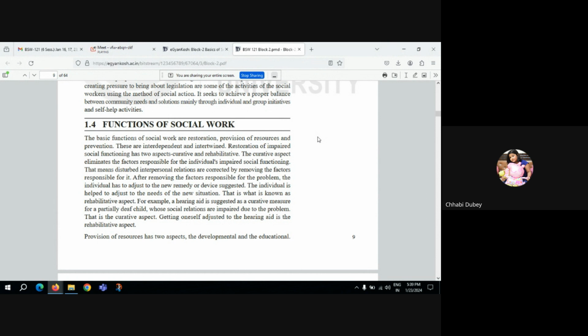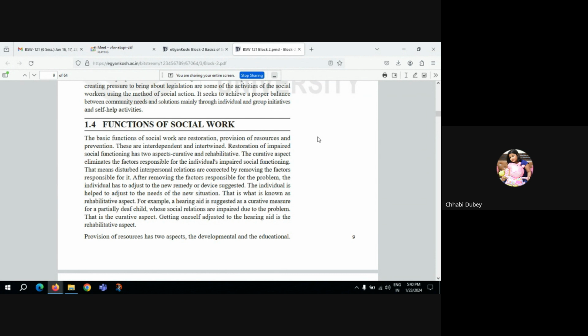How are we going to help the person come out of this addiction, out of this dependency? And the second would be the rehabilitative. After the person has been cured, how are we going to rehabilitate the individual, help them adjust to the new situation, and give him or her greater opportunities to start over in life?